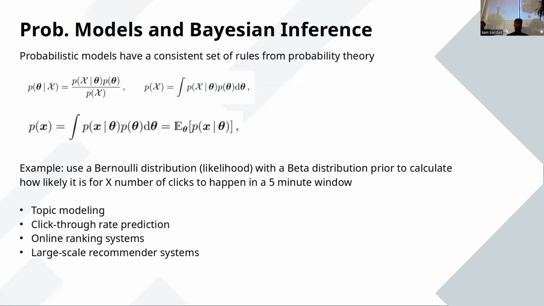The prior distribution being a beta distribution, describing what that parameter is over time, and then what you could output is the percentile of this particular number happening in the last, say, 5-minute window. If that percentile is like the 95th percentile, then that might be an error.